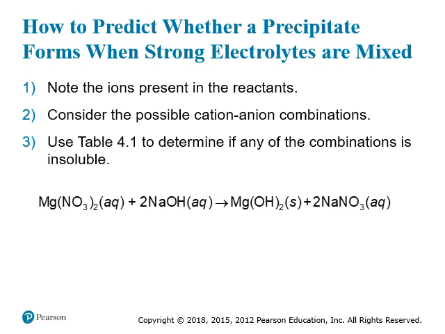Once we note the ions in solution, when we combine those ions by mixing the solutions, we have to think of all of the possible combinations. Can we see the cation of one compound combining with the anion of another compound to form an insoluble compound?